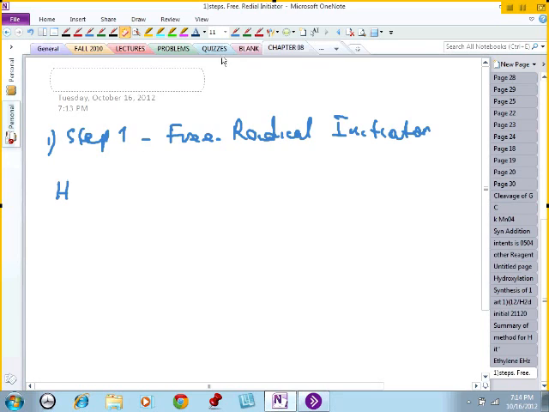Most of you are familiar with hydrogen peroxide. Any molecule in which you have 2 oxygen atoms attached to each other, we call this peroxide. We could take hydrogen peroxide and you apply light or just heat. You will break this bond in a homolytic fashion.